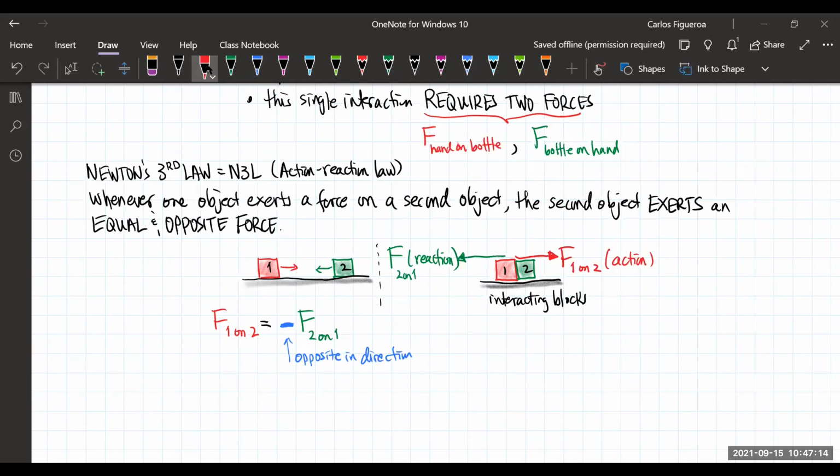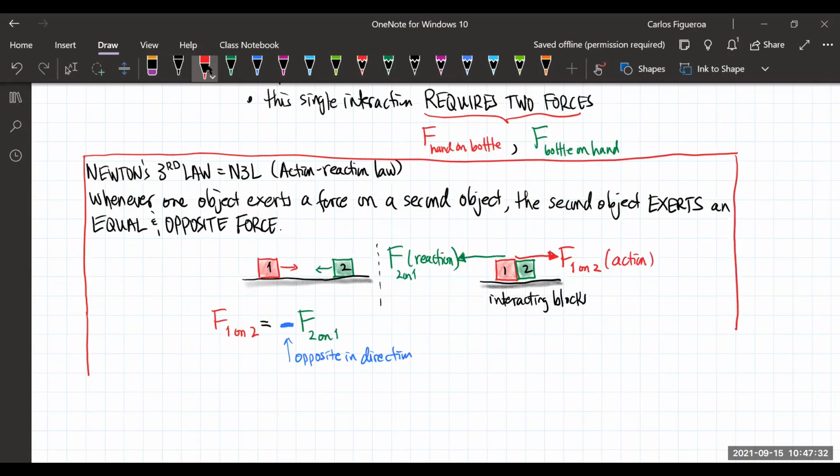That is Newton's third law. And this law is so counterintuitive, it's crazy. It is literally crazy how counterintuitive this law is. Even I get tricked by this law from time to time.